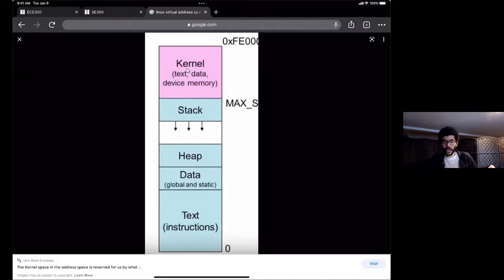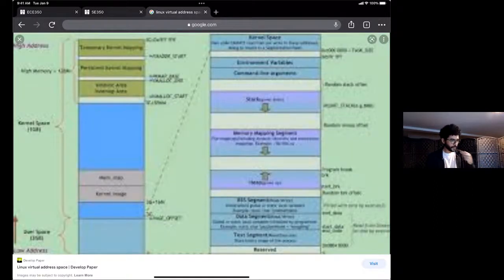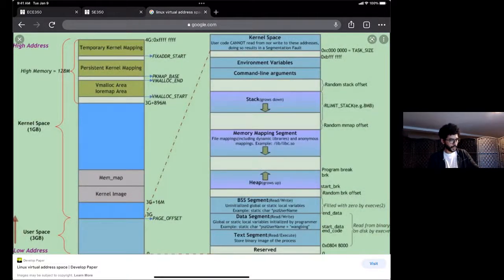If they try to access those addresses, although it's inside their own virtual address space, they get a segmentation fault because they don't have access to that range. It's like accessing between the stack and heap that is not allocated to you. Anything that is not allocated to you gives a segmentation fault.